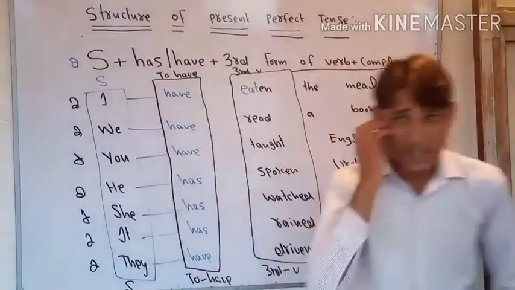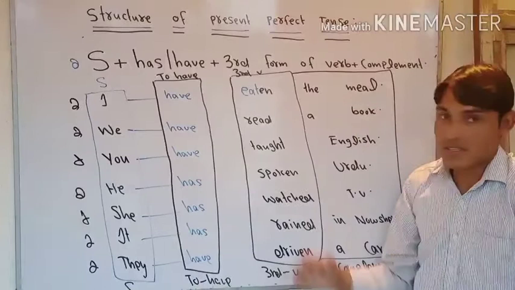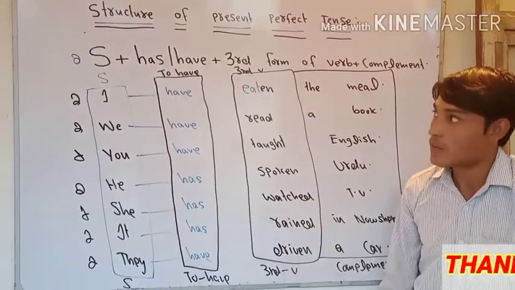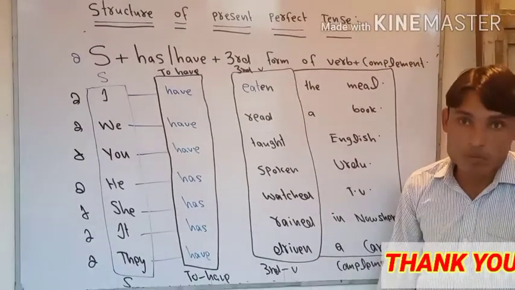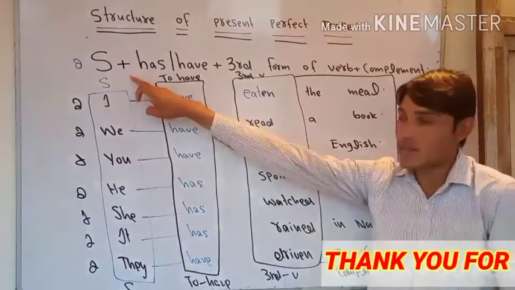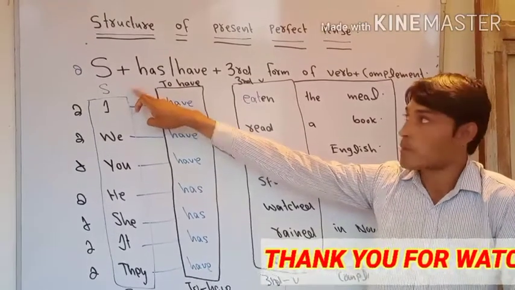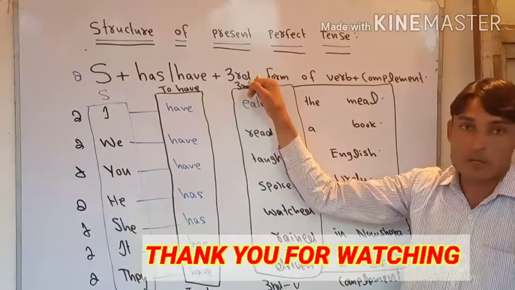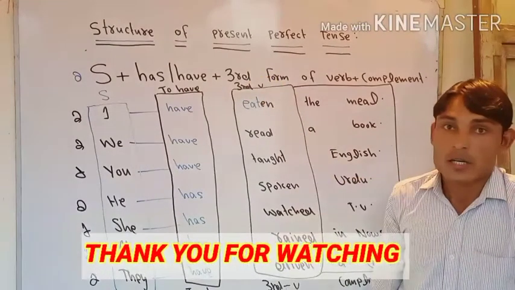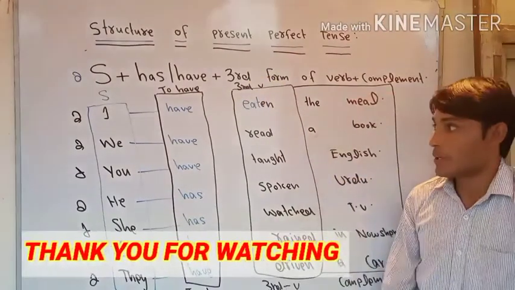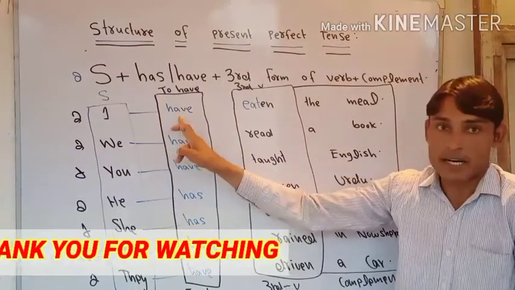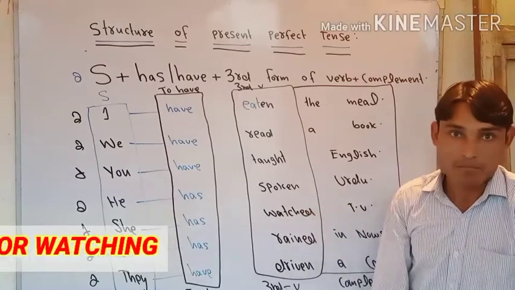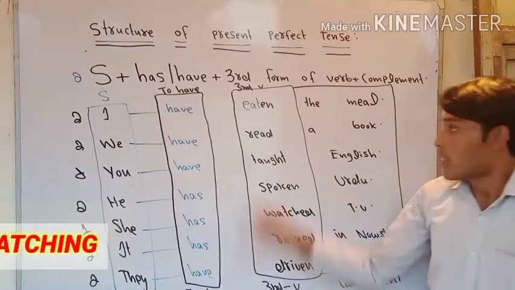So in this video I have just discussed the structure of present perfect tense. If we want to construct a statement of present perfect tense, we need first of all a subject, and then has or have, which we also call the to have auxiliary, then the past participle form of verb, which is also called the third form of verb, and then the complement. I followed by have. Eaten is the past participle form of the verb: eat, ate, eaten. These are called irregular forms of verb.